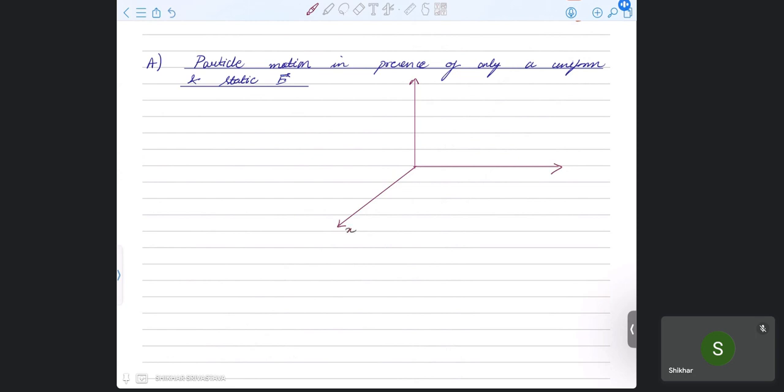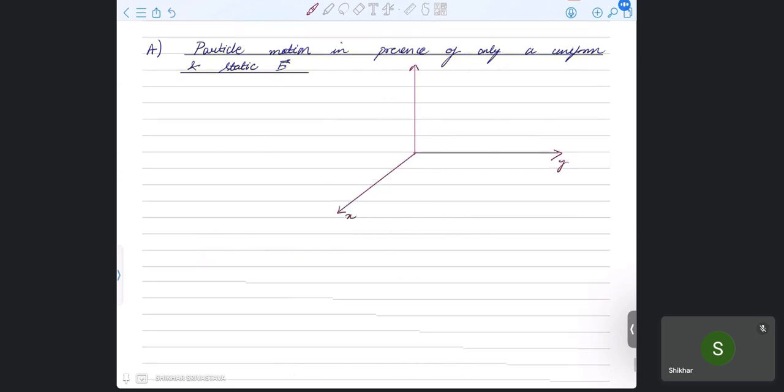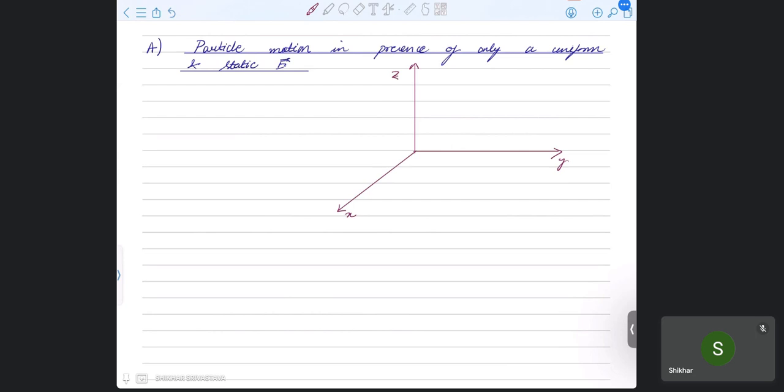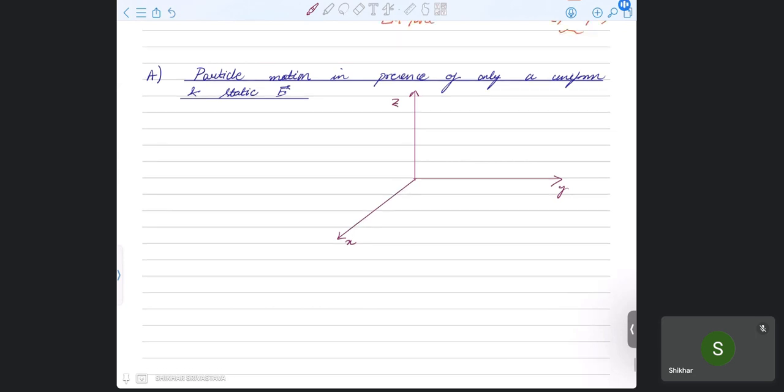This is your y, this is your z. Now suppose this is some medium which has an electric field in the vertical direction, the z direction, and the magnetic field is 0.